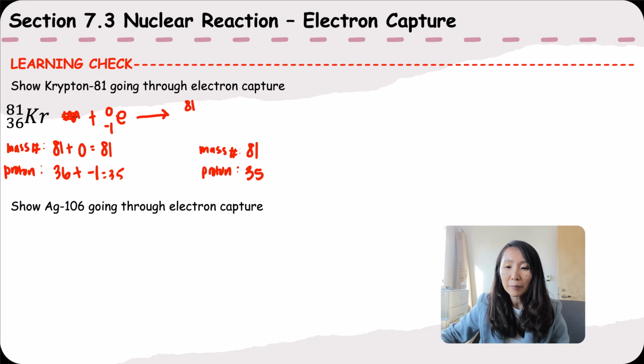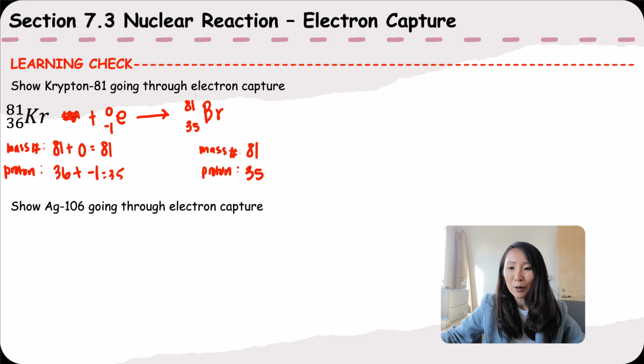So what in the periodic table has the atomic number of 35? Come back and check this video again. Hopefully you were able to get bromine. Br has 35, so bromine 81, this particular isotope, is what is formed from krypton through electron capture.